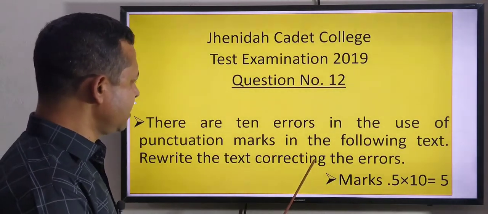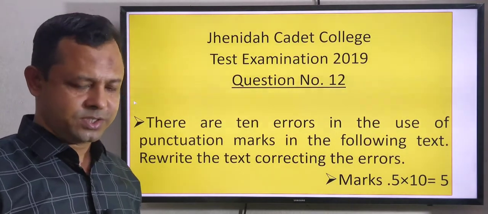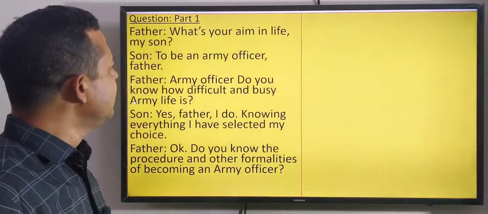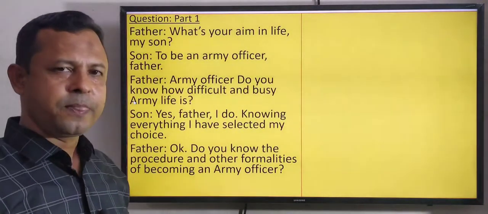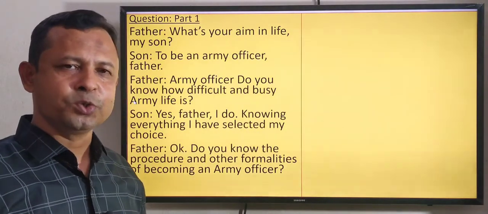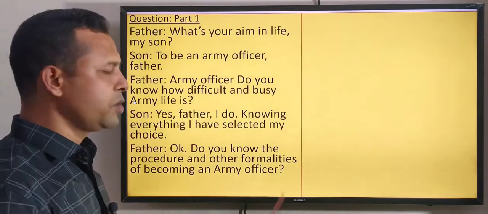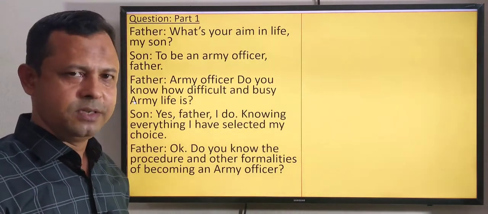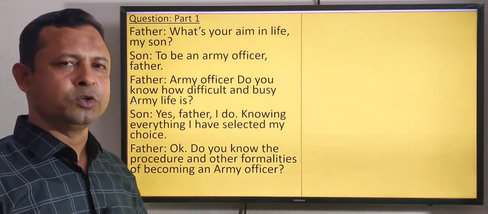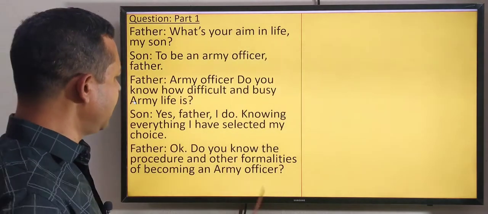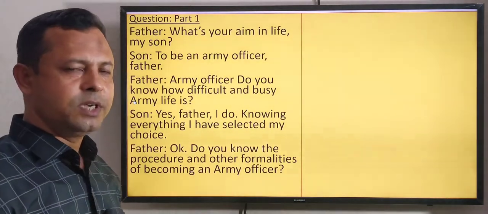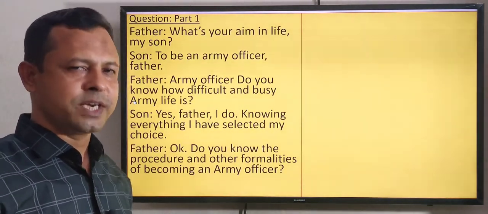Rewrite the text correcting the errors. I have divided the question into two parts for your convenience because the question is very big. At first we shall solve the first part and then we shall move to the second part.